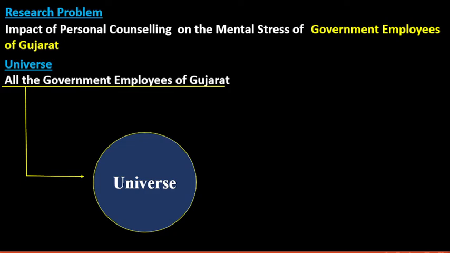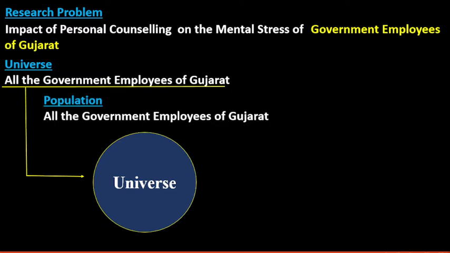Suppose in this case the researcher collects data from all kinds of government employees, from state government, central government, and government employees working under local authority. Then the population will be the same, because the researcher is going to collect data from all kinds of government employees.